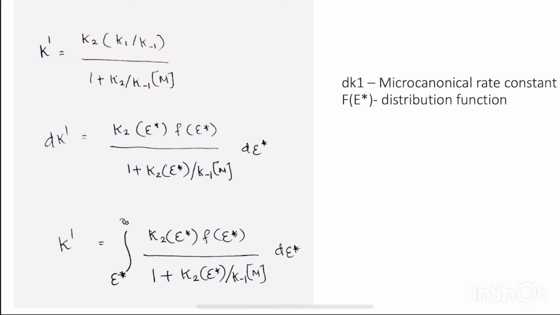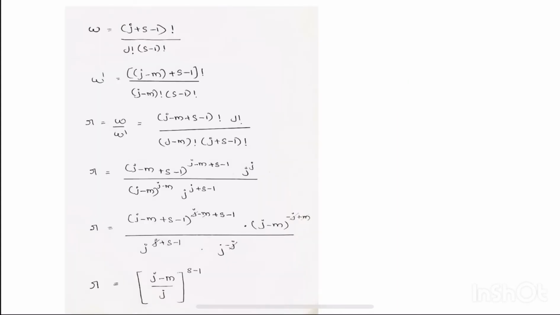Then the thermodynamic probability for such a situation, as we have already seen in previous classes, W can be written as follows: W is equal to j plus s minus 1 all factorial by j factorial into s minus 1 factorial, as we have already discussed in the UG classes.